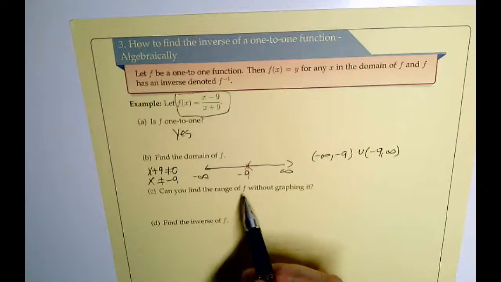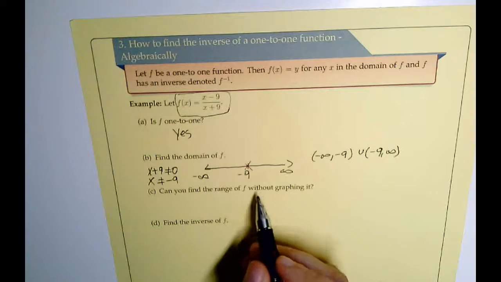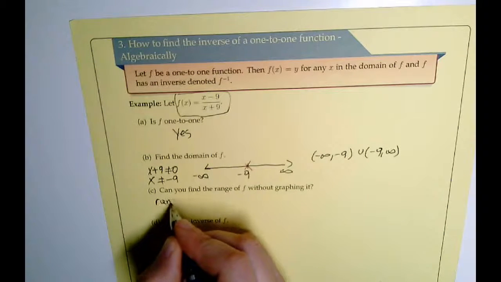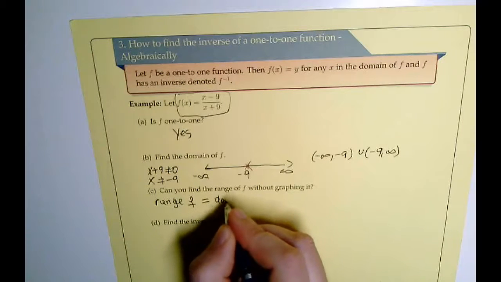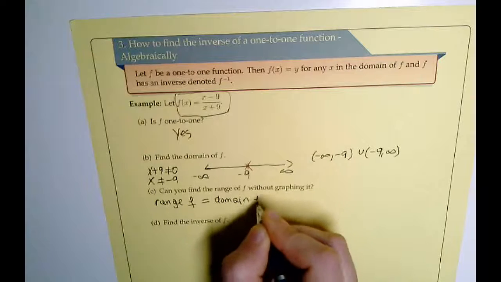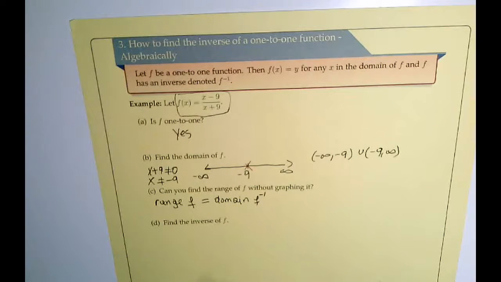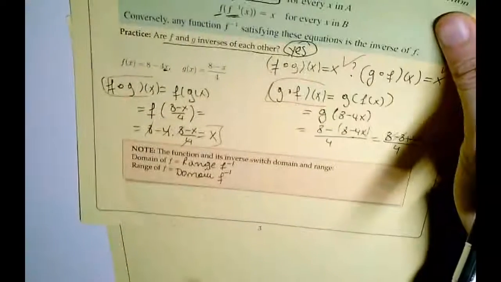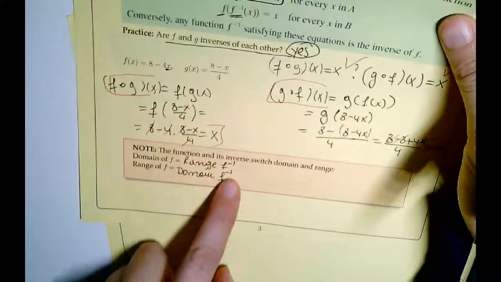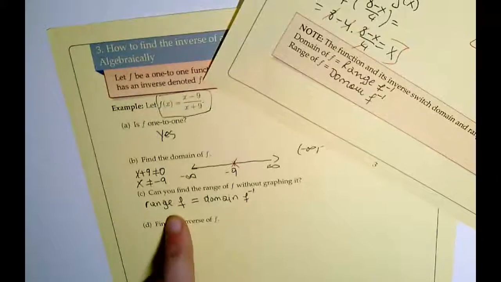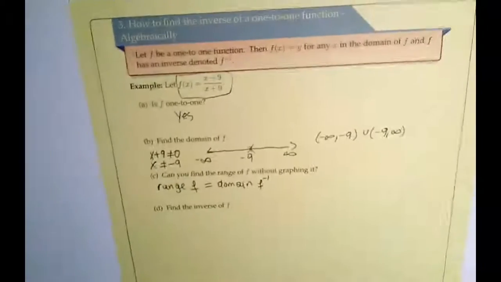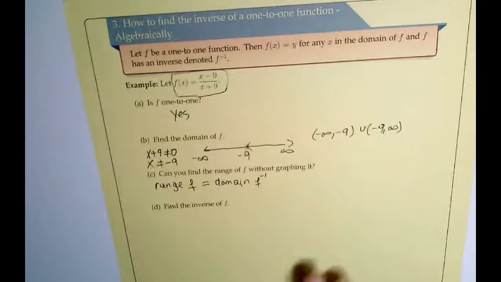But if I find f inverse, I know that the range of f is equal to the domain of f inverse, because of what we said on the previous note, that the range of f is the domain of f inverse. So if I find the inverse, I can get its domain, and therefore I'll get the range of f. So let's find the inverse of f.